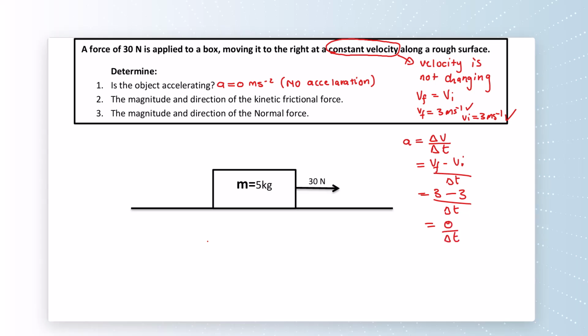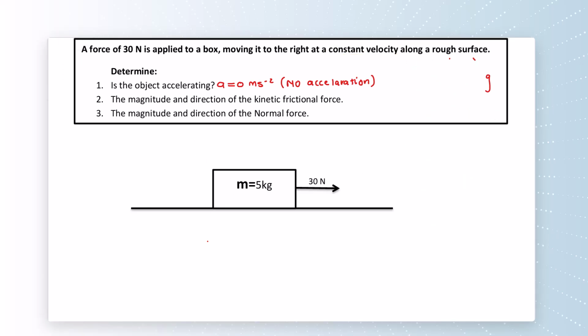If you take 0 and divide by anything, you're going to get 0. That is why the acceleration will be 0 if the velocity is constant. You can just memorize it because it won't change. Once you read constant velocity, just say, aha, assign the acceleration to be 0. And that's it. That's how we answer that particular question.